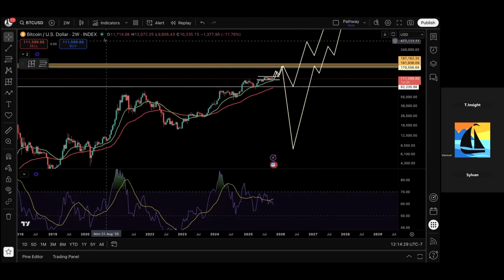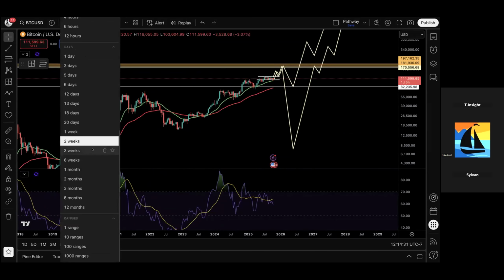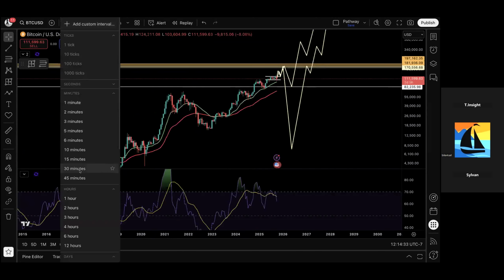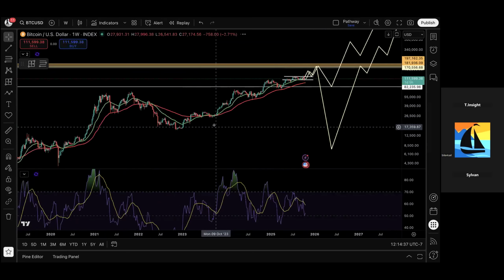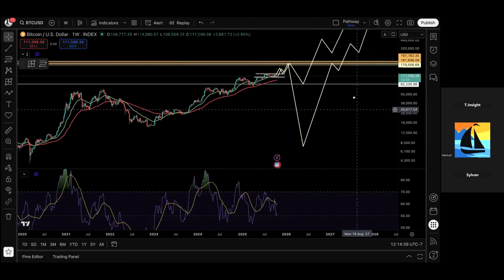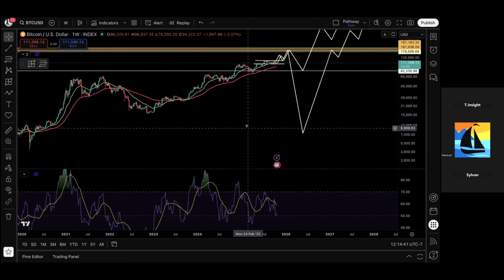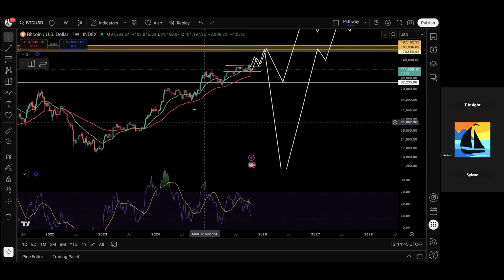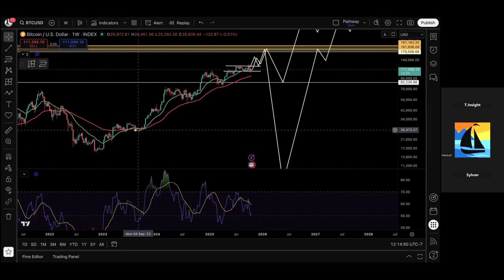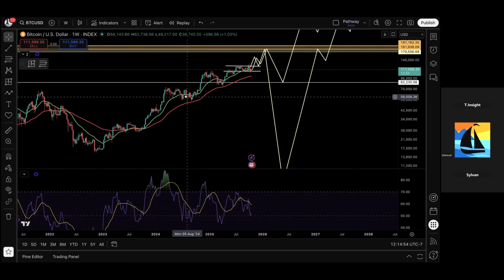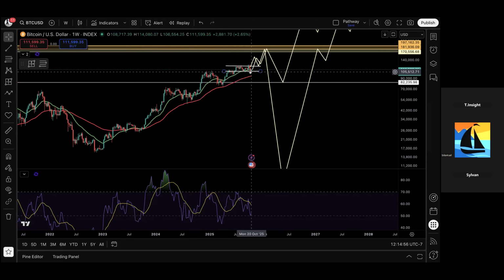Now, the reason why I do believe there is a strong possibility of us going that low, even though it might sound so crazy to some, is because this is the first cycle ever, and I'm saying the entire history of Bitcoin, that Bitcoin has disrespected the 21 EMA. It disrespected the 50 and the 21 going into this section here, and the 21 here, and we might see it again here.